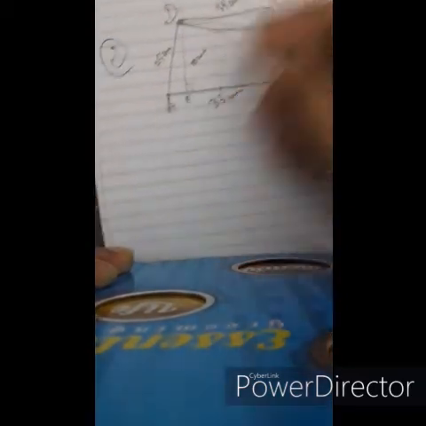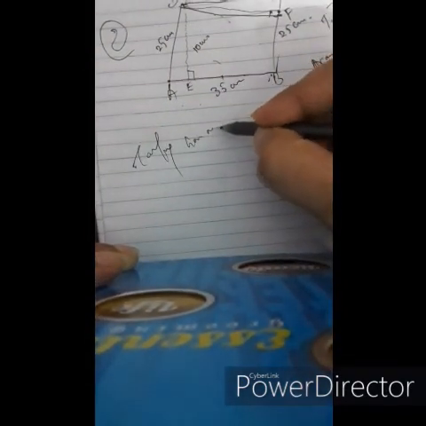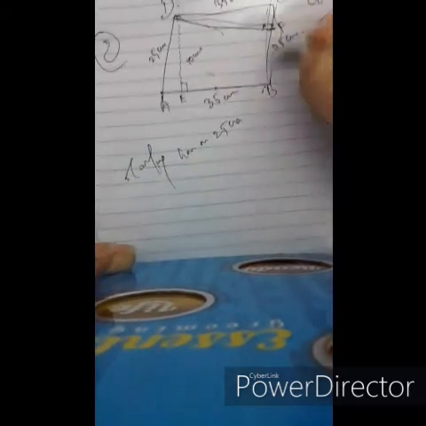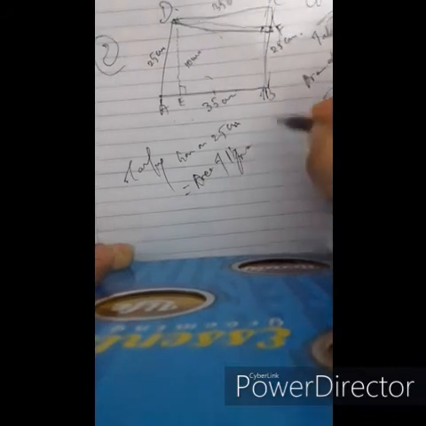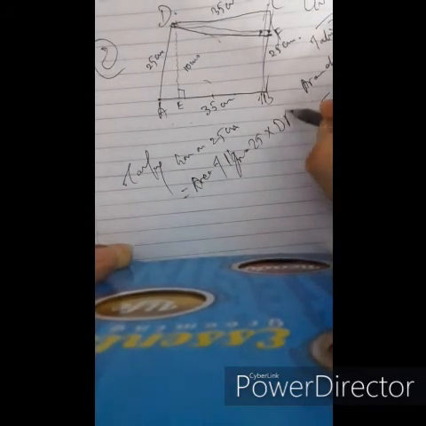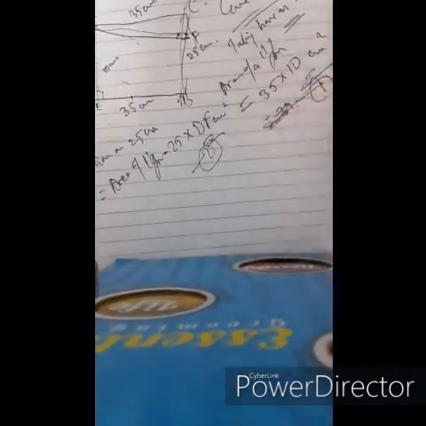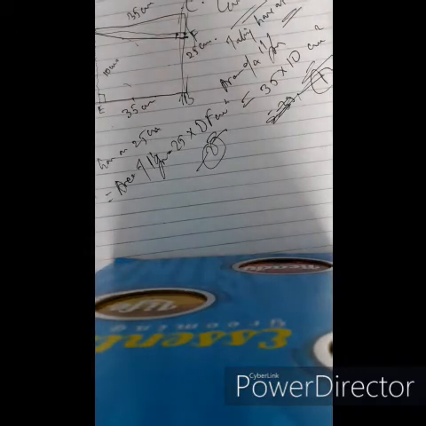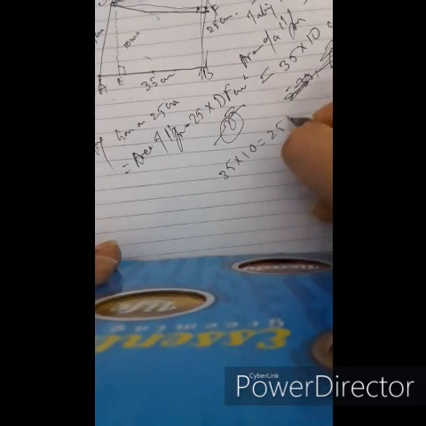Now taking the base as 25 centimeters, the area of the parallelogram becomes 25 into DF centimeter square. Equation 1 and equation 2 are both the areas of the same parallelogram. Hence equation 1 equals equation 2, that is 35 into 10 equals 25 into DF.